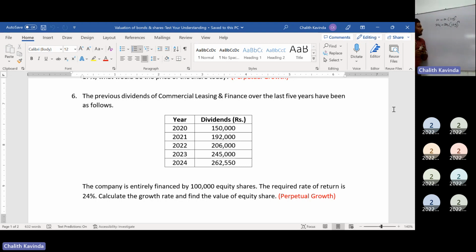Now you got to know that you are getting your next year dividend by compounding your current year dividend. Am I correct? Are you all okay? In that case, you cannot just get the difference of those dividends and calculate the growth rate. Agreed?